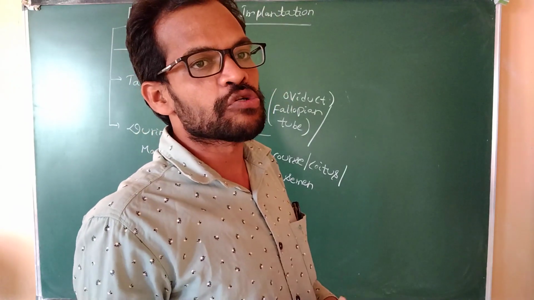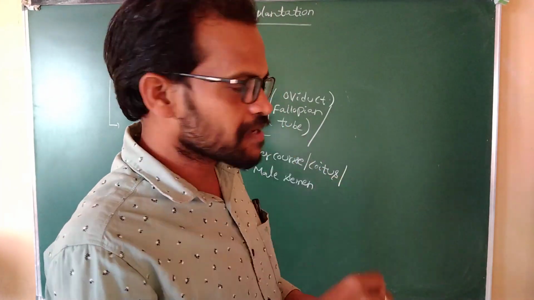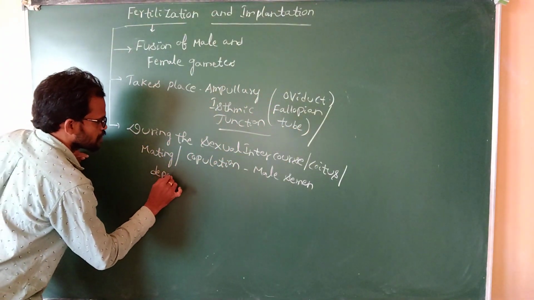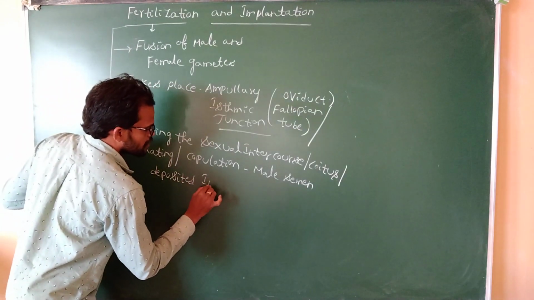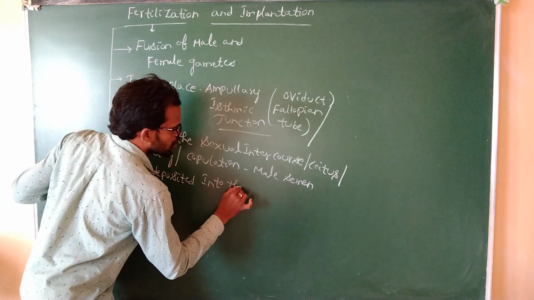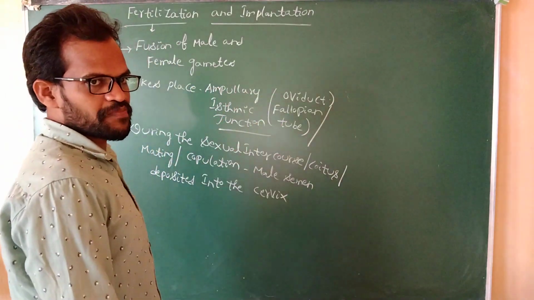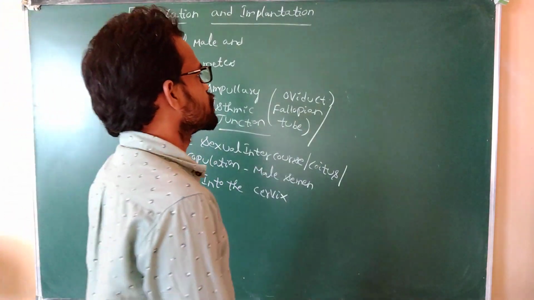Through the fallopian tube, the sperm cells move with the help of their tail. The semen is deposited into the cervix through the vagina, and the sperm cells reach the fallopian tube.